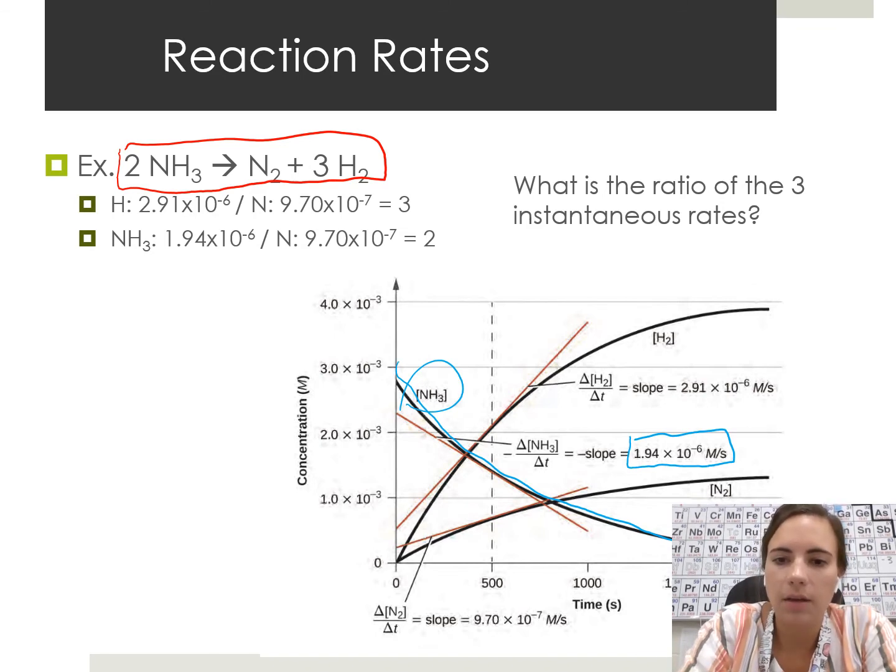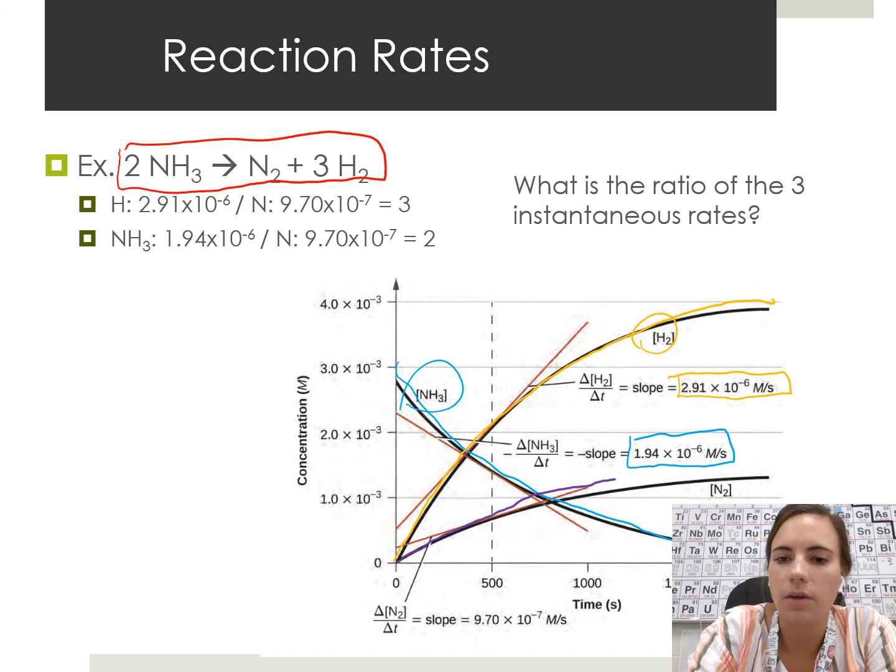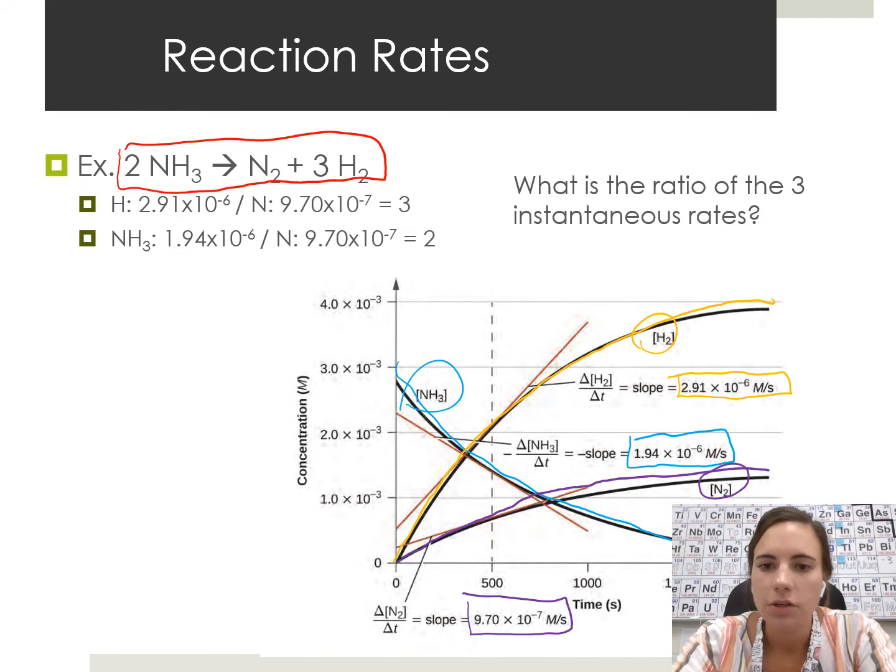And then I'm given the rate of appearance of hydrogen, which is 2.91 times 10 to the negative 6, and the rate of appearance of nitrogen, which is 9.7 times 10 to the negative 7. So those are my 3 instantaneous rates for my reactants and my products.